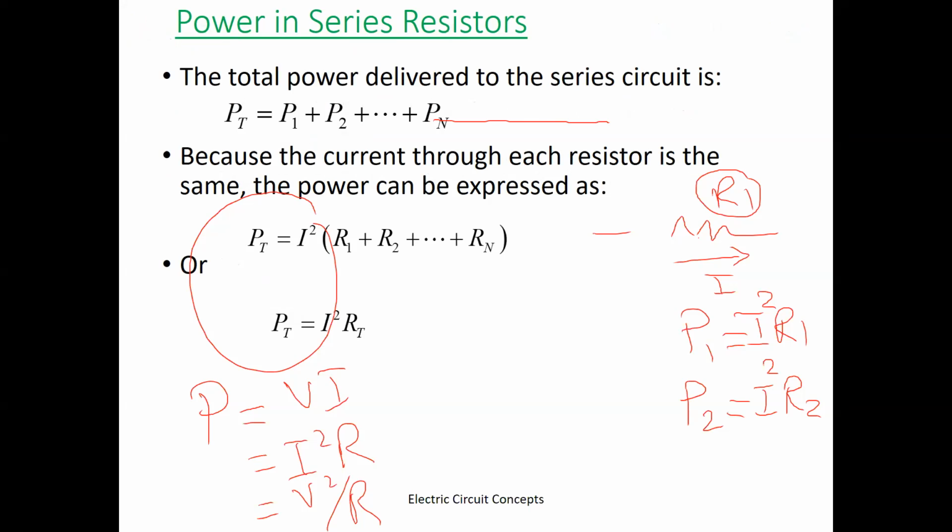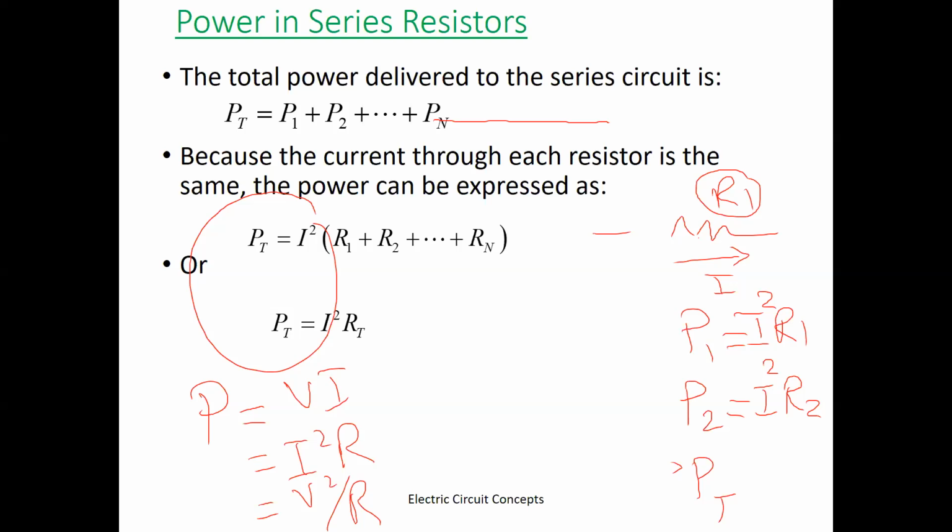Now again, the same thing as we mentioned, that the supply voltage must equal the voltage drops. The same thing applies to power: the total power, PT, which is the power delivered to the series circuit, the power coming out from the power supply, must equal the power dissipated or consumed by the resistors.